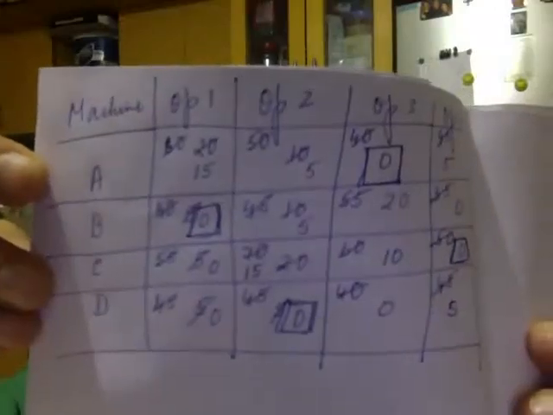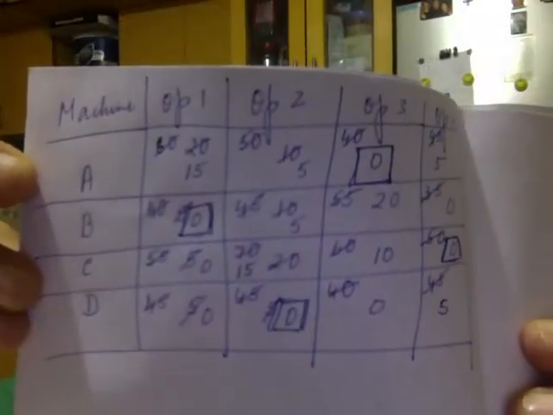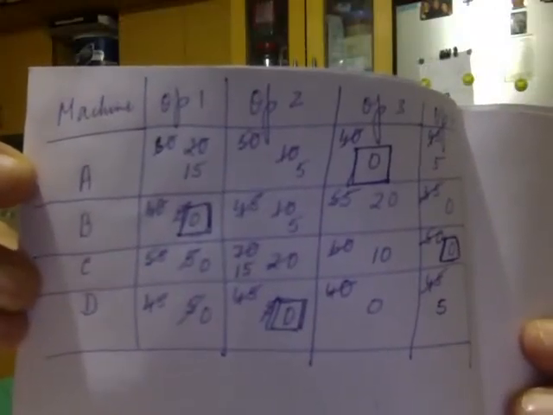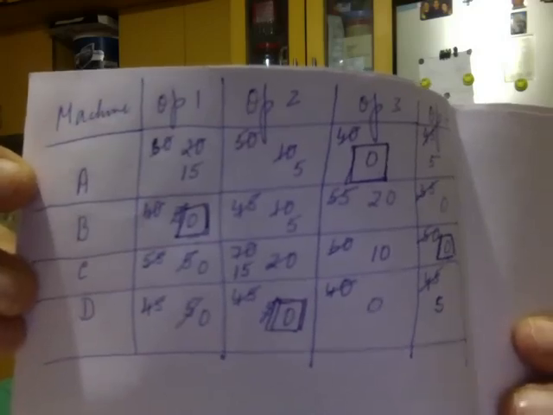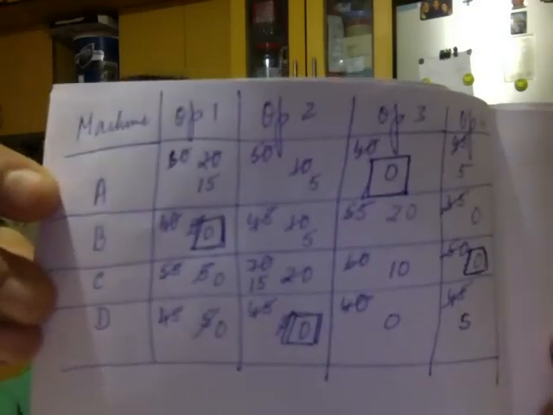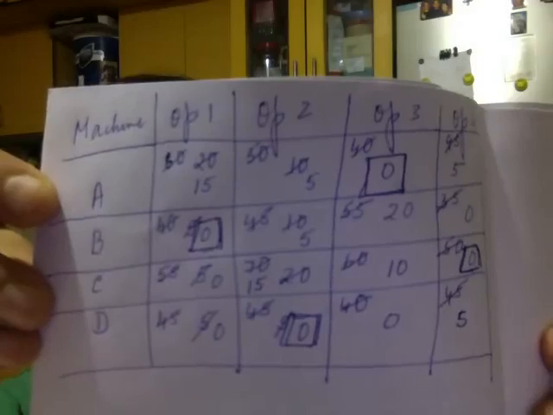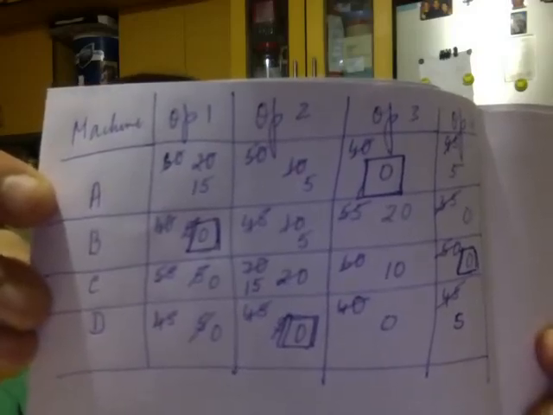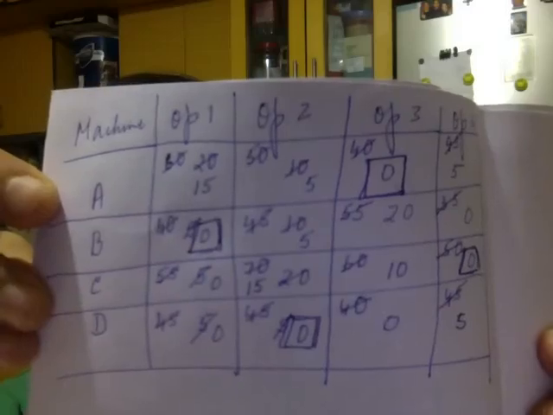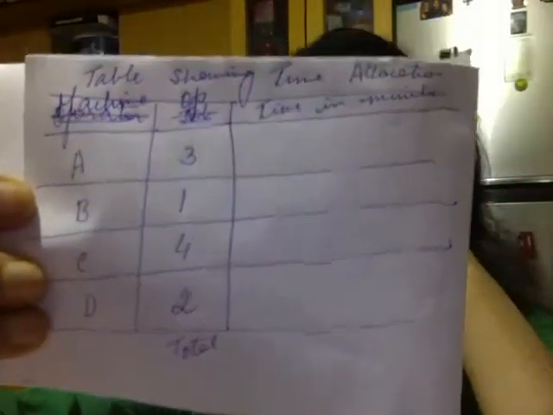Machine A, operator 3 will handle. B, operator 1 will handle. C, 4. And D gets 2. So 3, 1, 4, 2. This is how I have done. Sorry about that machine and operator thingy.